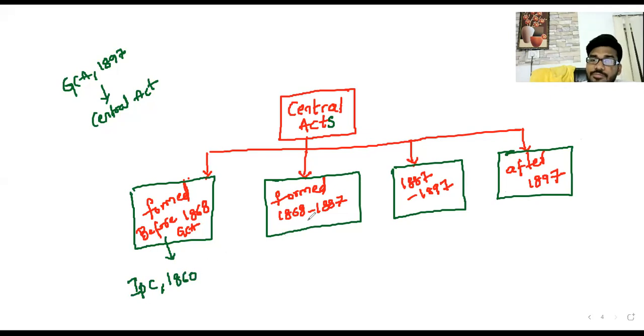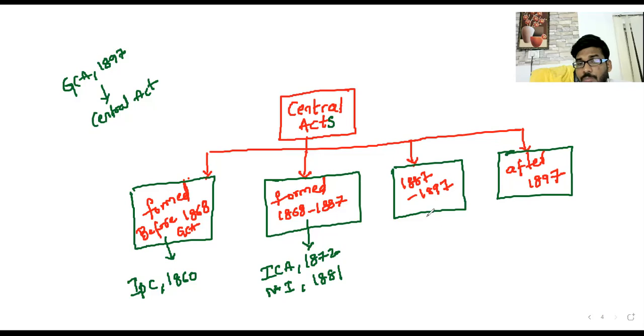So Central Acts formed between 1868 and 1887: the Indian Contract Act 1872, and the Negotiable Instruments Act, which we already discussed, 1881. Clear, sir? After 1897, listen carefully, what is the best example?